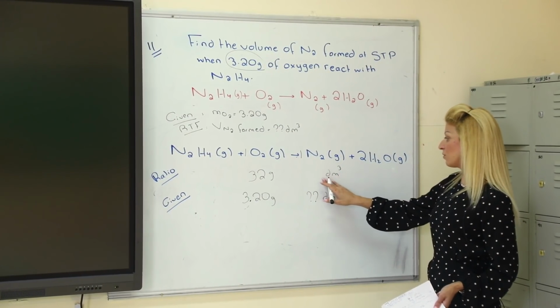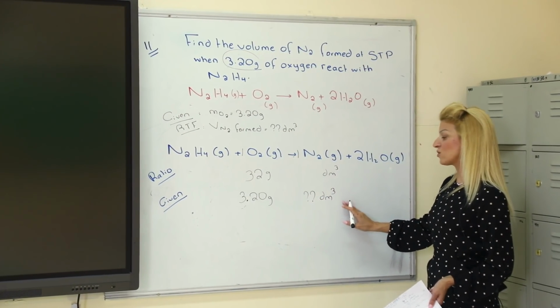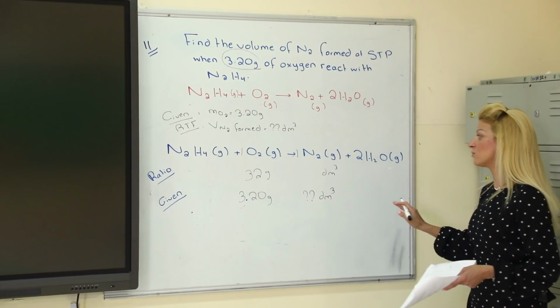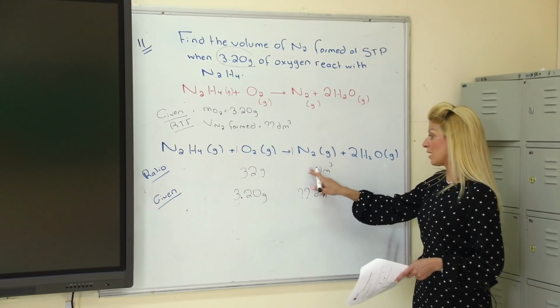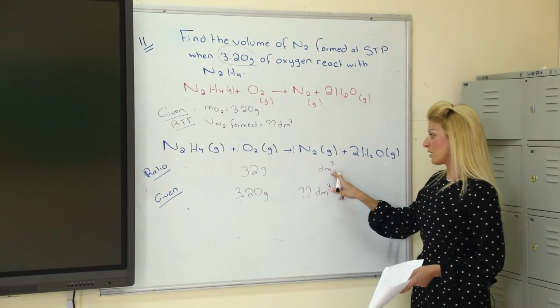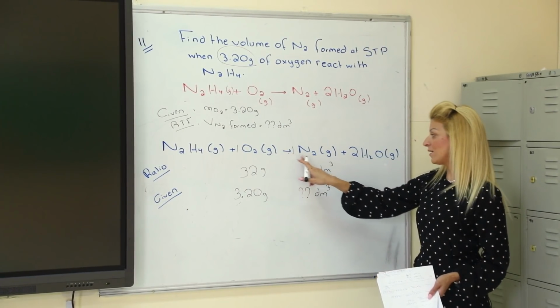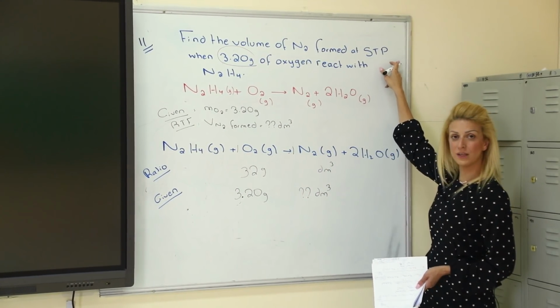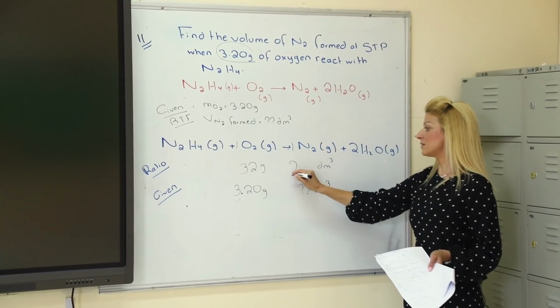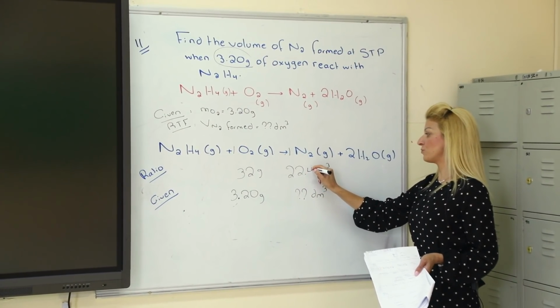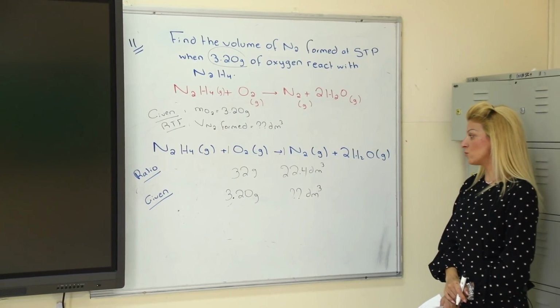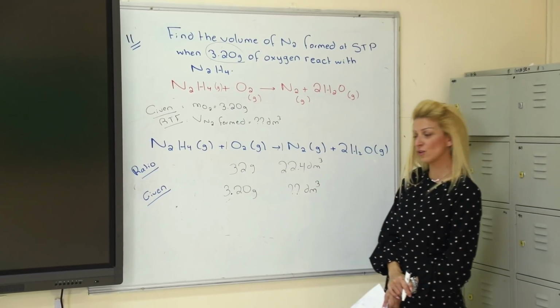But we need to write the volume since our question is asking for how many decimeter cubed. So we need to write the volume ratio for N2. 1 N2 at STP will occupy 1 times 22.4, which is 22.4 decimeter cubed.